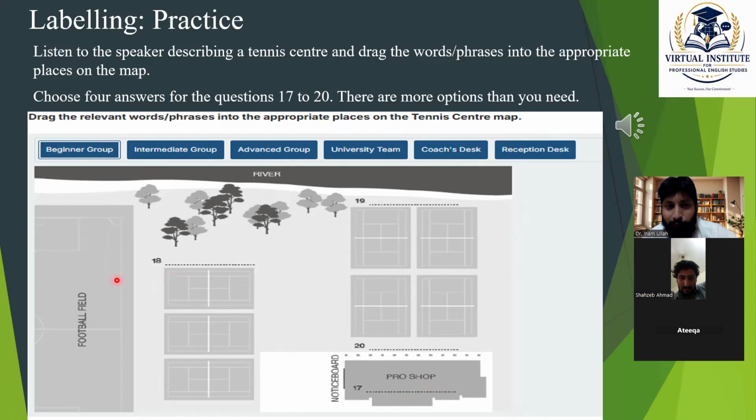This court is just by the football field. And what did he say? University team. No, the beginner group. The beginner group goes here, right? The advanced group plays just by the river.